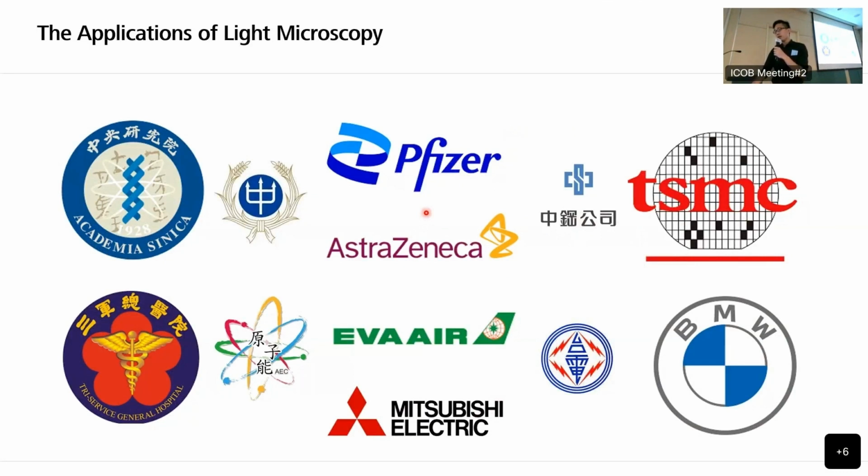And besides academic institutes, for the industries there's the airline EVA Air, and also Mitsubishi, the Japanese company famous for producing cars and elevators. And also German companies like BMW.